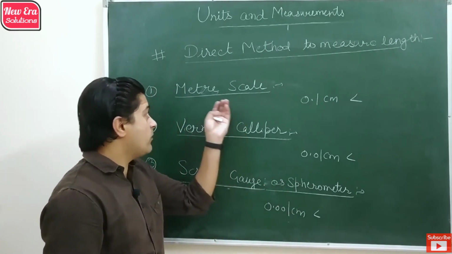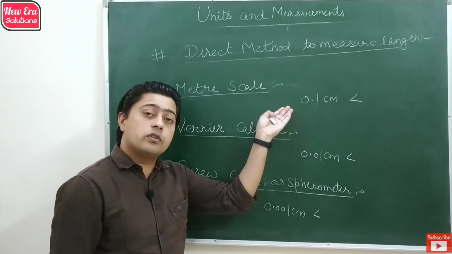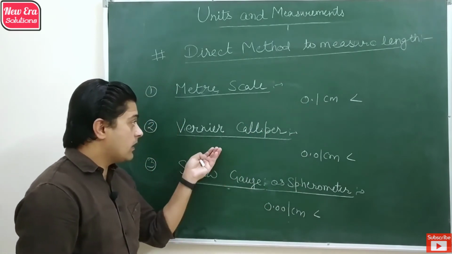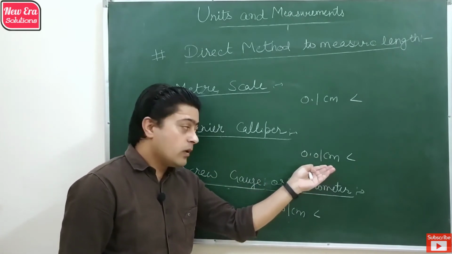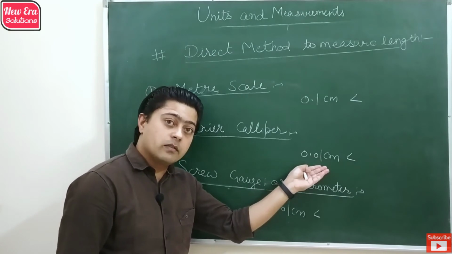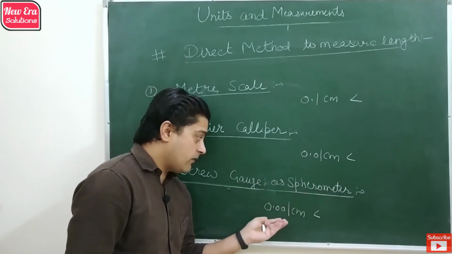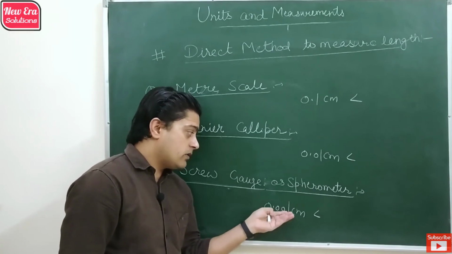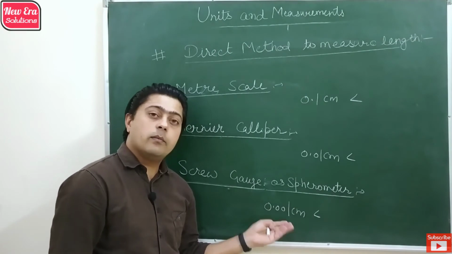So the least count of the meter scale is 0.1 centimeter; it cannot measure below 0.1 centimeter. Similarly, the vernier caliper has a least count of 0.01 centimeter; below that it cannot measure. And the screw gauge or spherometer has a least count of 0.001 centimeter; below that it cannot measure.